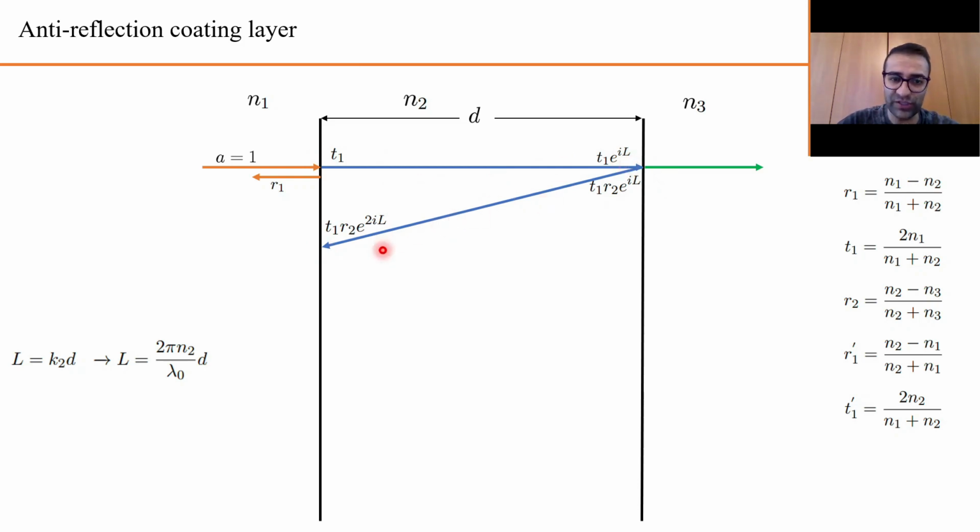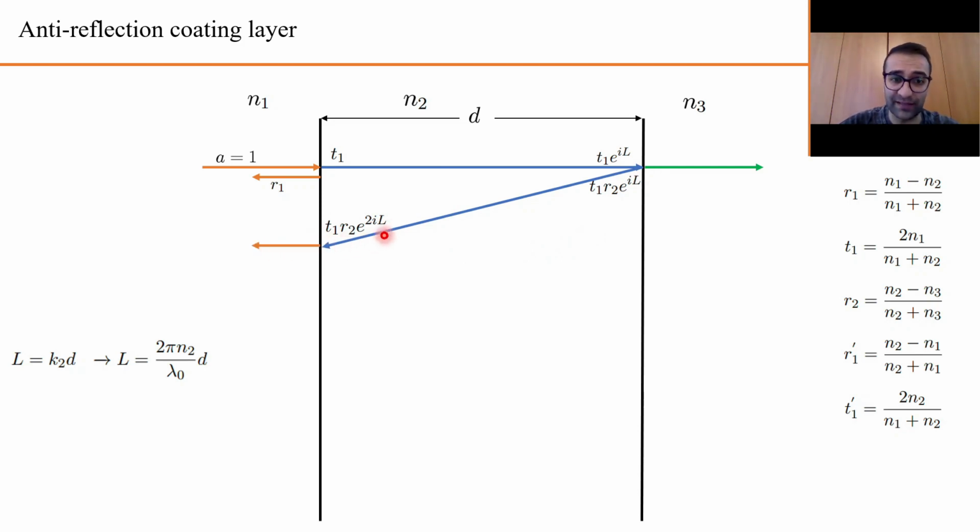As I mentioned, this is just for simplicity for deriving the equation to be able to write this coefficient here. Therefore, it acquires another exponential of iL. Here, the amplitude won't change. Therefore, T1 R2, amplitude is the same. And another phase of exponential of iL will be added to this wave. Therefore, in general, it will be T1 R2 exponential of 2iL.